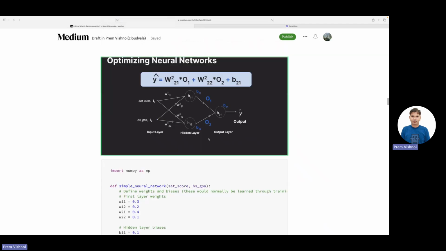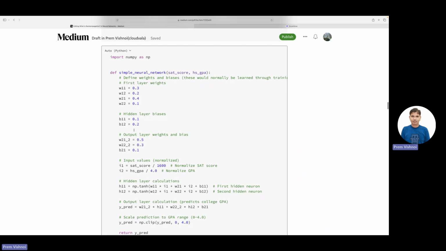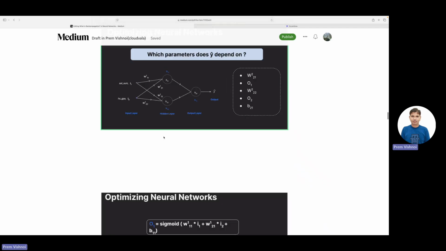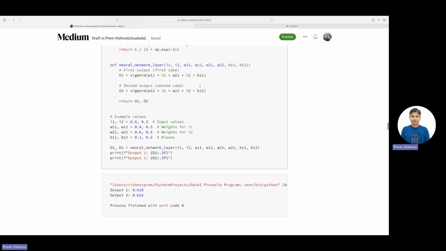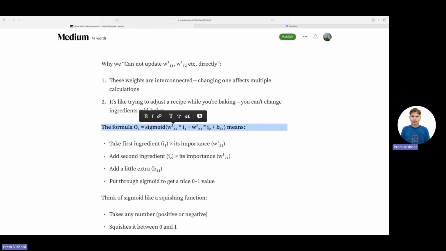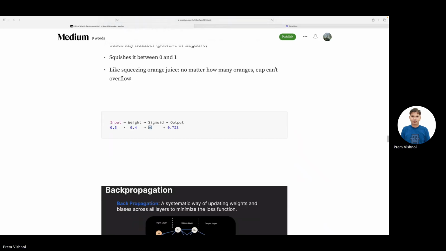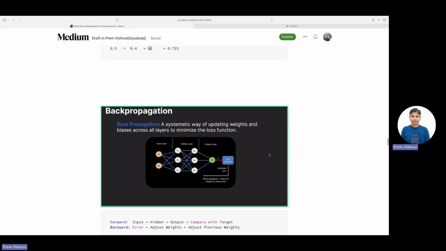In optimizing neural networks, we define the weights and bias, hidden layers, output layers, and so on. You need to learn about the sigmoid function and how it works in optimization. I have run my code and given all the explanation here. You need to go through input, weight, sigmoid, output. Backward propagation is a systematic way of updating weights and bias across all layers to minimize the loss function.